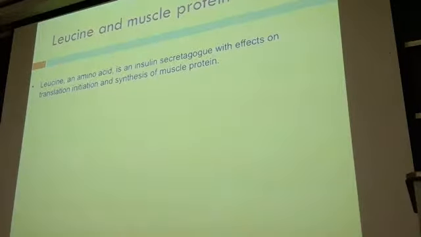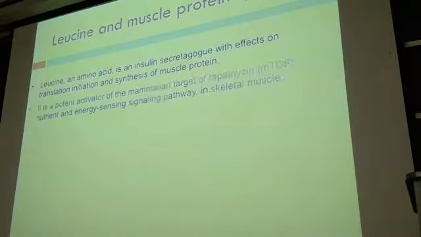I'm not sure you're aware, there are lots of studies of leucine, effects on insulin sensitivity, etc. It is an insulin secretagogue, and it affects both the initiation of translation of muscle proteins in the cells and subsequent synthesis of the muscle protein itself. So it's the amino acid stimulating translation and synthesis of muscle protein that's at stake here.